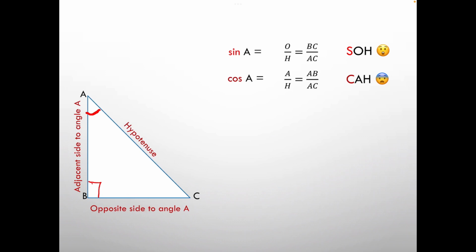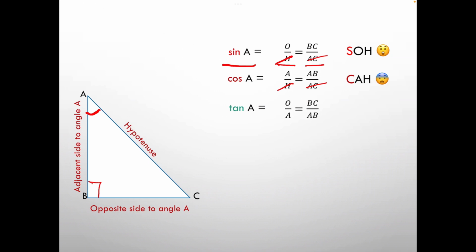So if you know sine and cos, you can easily find tan by dividing them. If you divide sine by cos, that means H will be cancelled out, AC is cancelled out, what is remaining is opposite divided by adjacent side, or say BC upon AB in this case. See, opposite by adjacent. So that will give you tan.